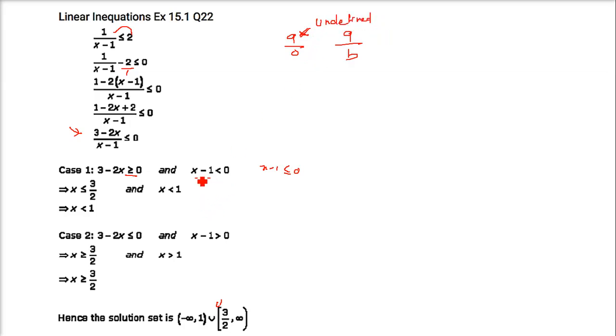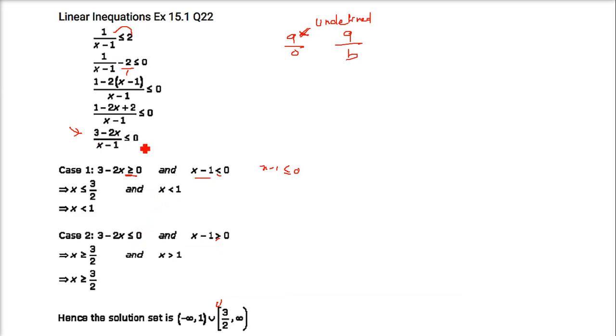So we cannot take this. But the numerator can be 0, so numerator can have a possibility of having a 0.